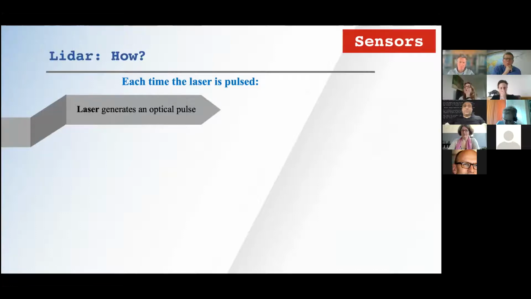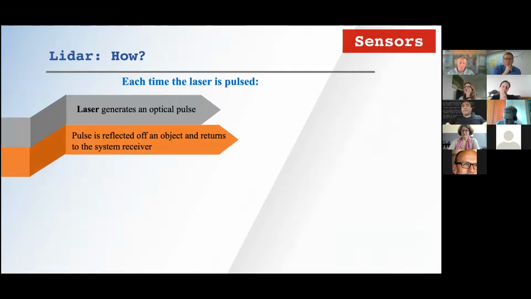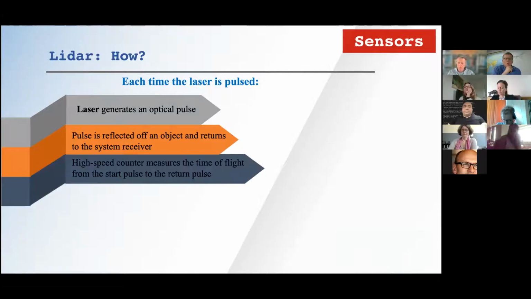So first of all, the laser generates an optical pulse, the way that it works. The pulse is reflected off an object and returns to the system receiver. So the optical pulse is generated, and the reflectance of that pulse is received by the system.